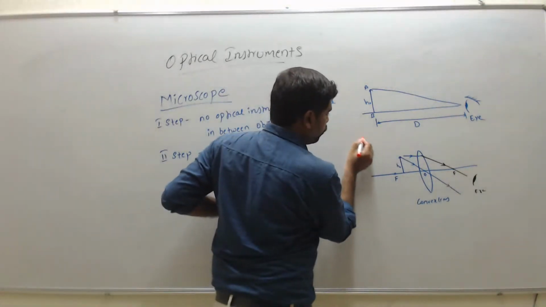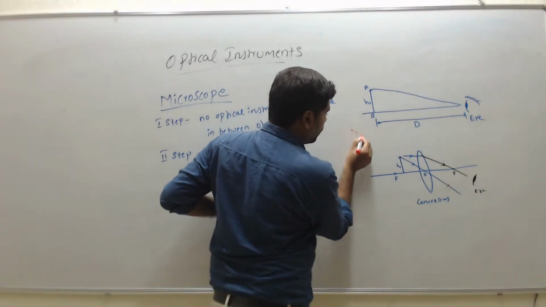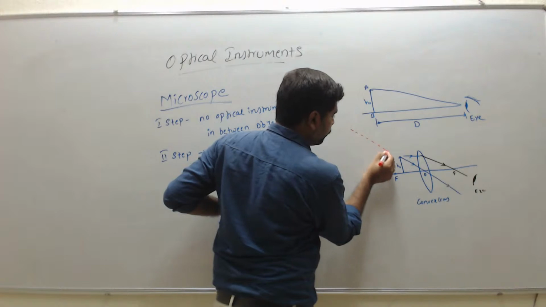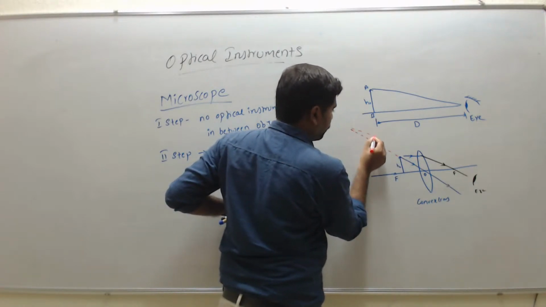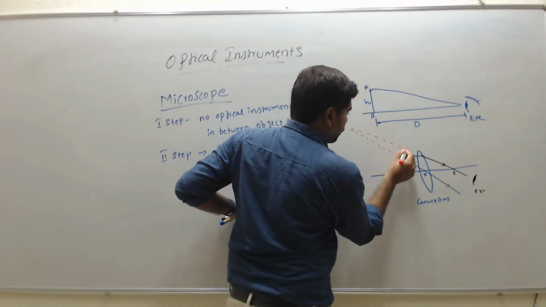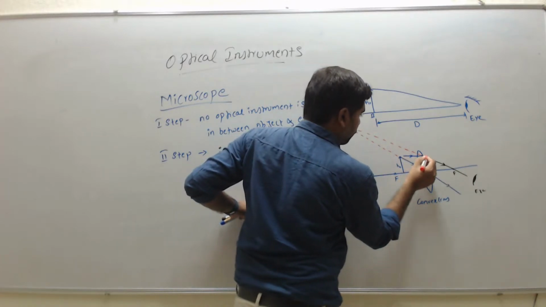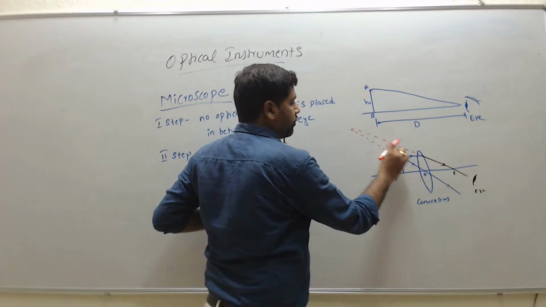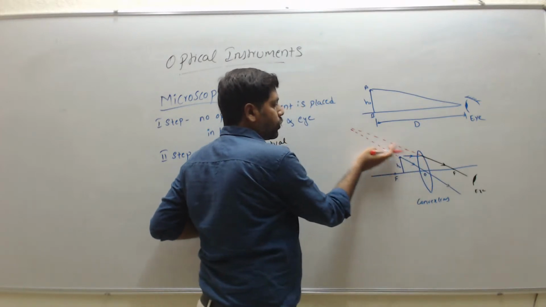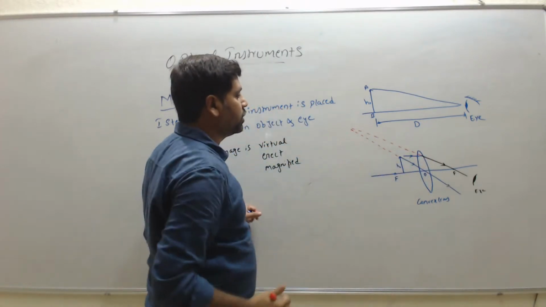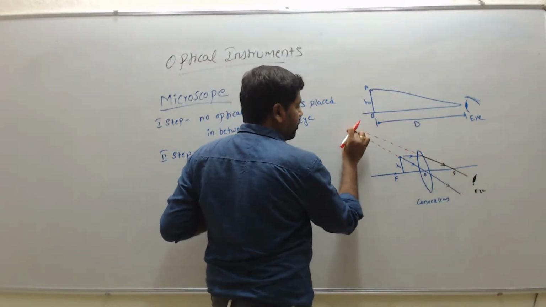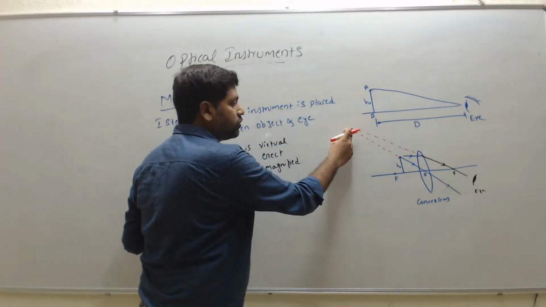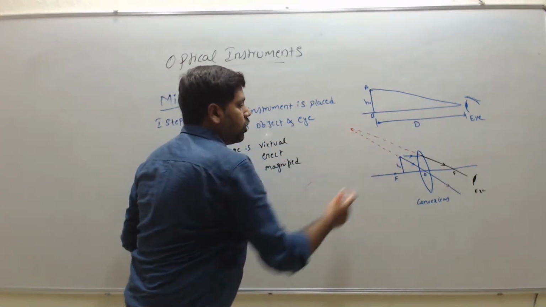These two rays diverge from a single point. So here we produce back the refracted rays, and somewhere here these two refracted rays diverge from this point. So this point gives the image of the object.